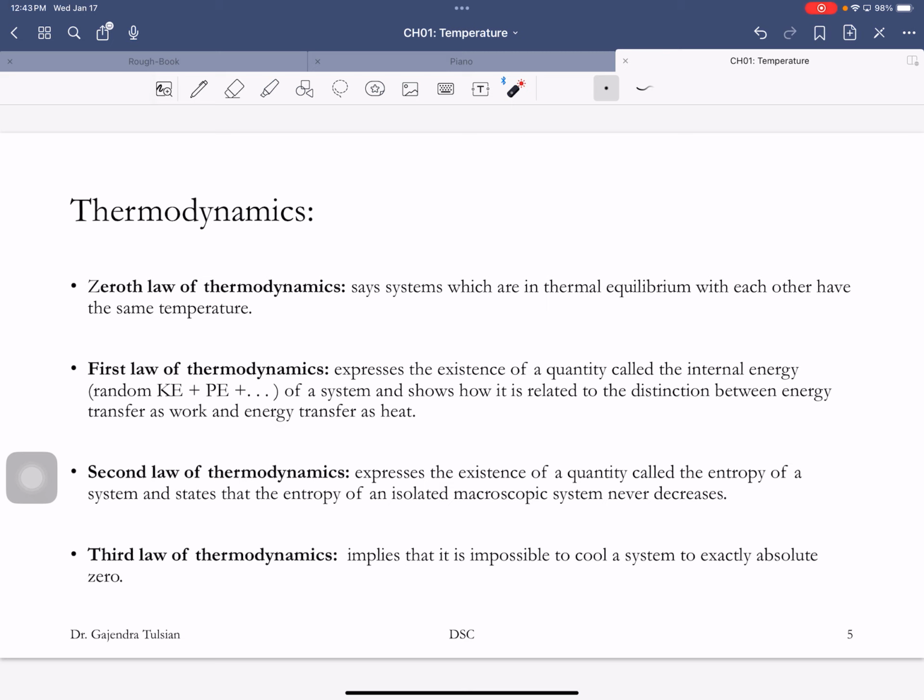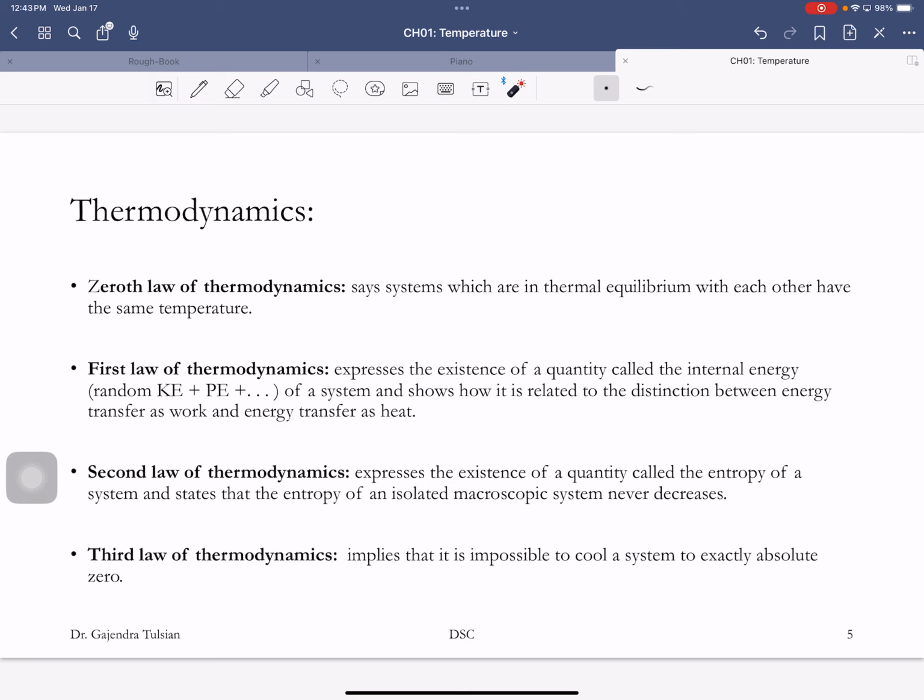So the second law of thermodynamics will introduce the concept of entropy. Okay, entropy measures disorder in a system, and the second law says that the entropy of an isolated system never decreases. Okay?